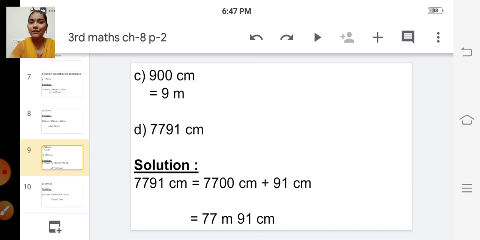Why? Anyone know? Because to convert centimeters into meters, we will divide by 100, right? 100 has two zeros, right? So the last two digits will be your centimeters and the remaining digits will be your meters.